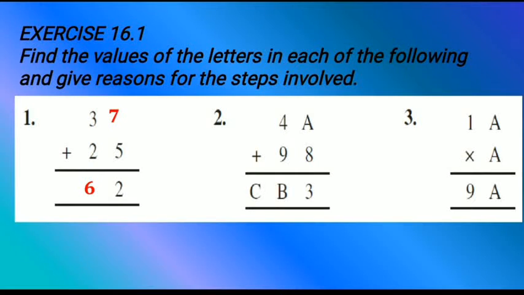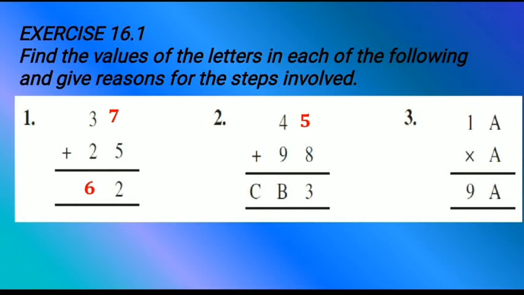In a similar way, we have 4A plus 98 gives you CB3. Now 8 plus some number must give you 3. Since 8 is bigger than 3, we need a number which when added to 8 gives you 13. So 13 is given when you add 5 to 8. Now carry over 1 goes to the next place.